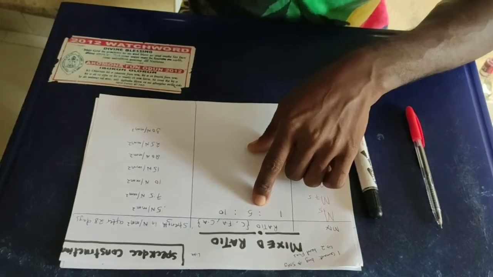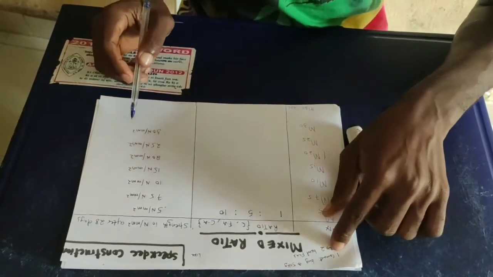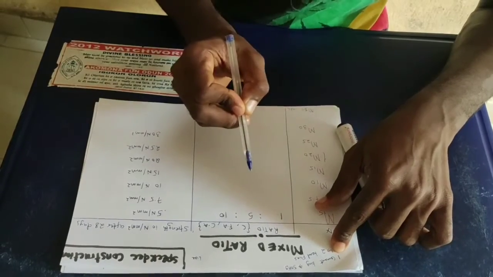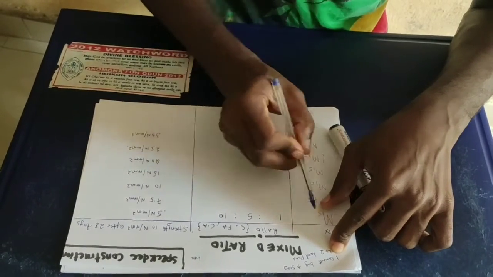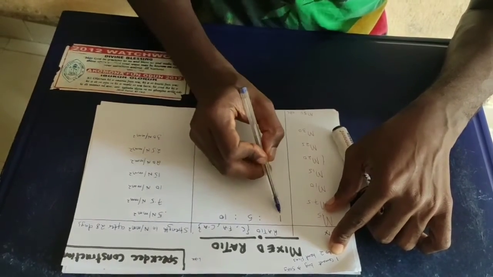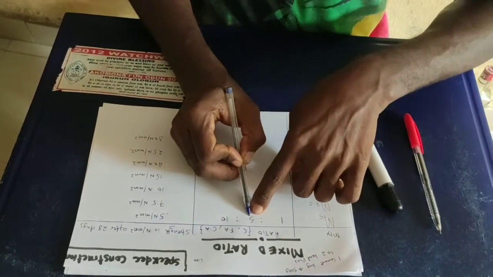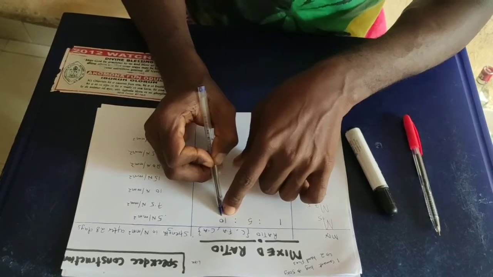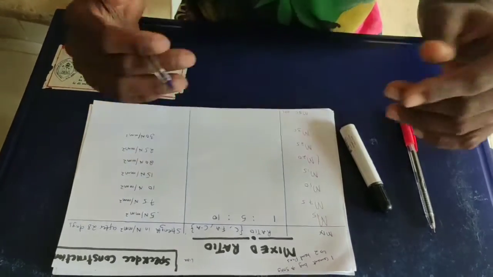So if you have 2 headpans of cement in a bag, for M5 you will have 2 times 5, which is 10 headpans of sand, and 2 times 10, which is 20 headpans of coarse aggregate. Okay, that's for M5.